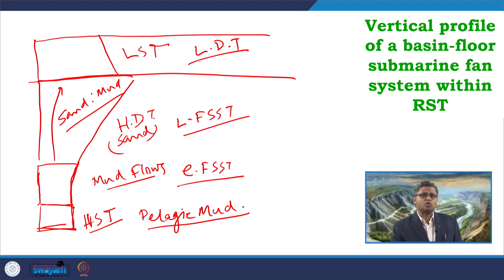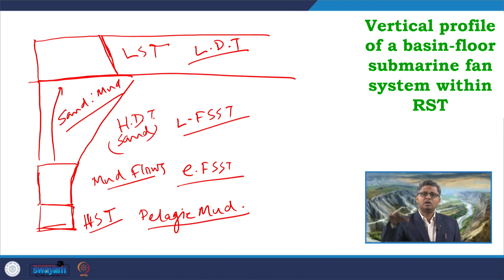In this kind of low density turbidites, commonly the grain size will be gradually decreasing upward in successive turbidite deposits, but they will be progressing forward as the entire shoreline is progressing forward.